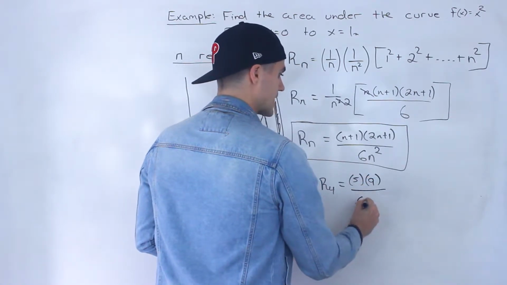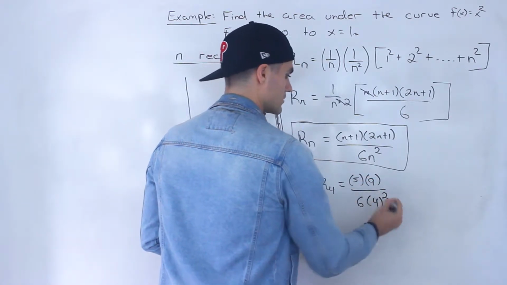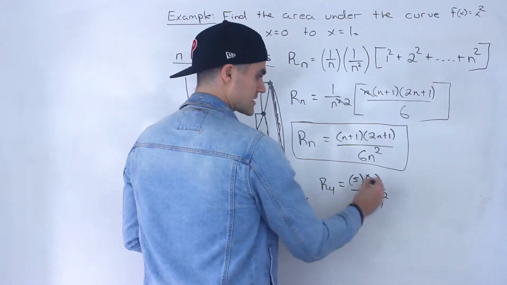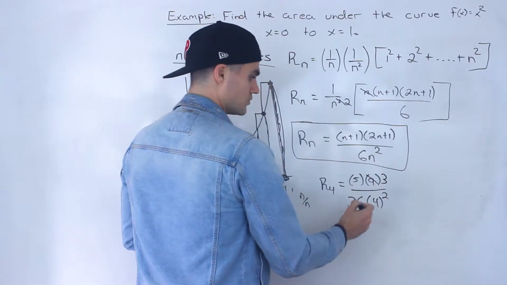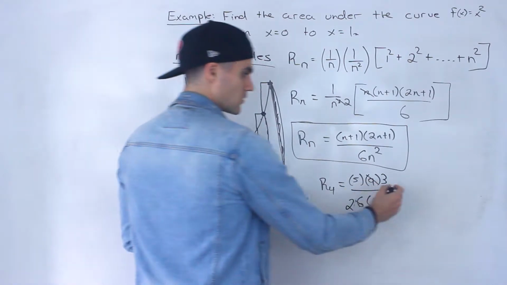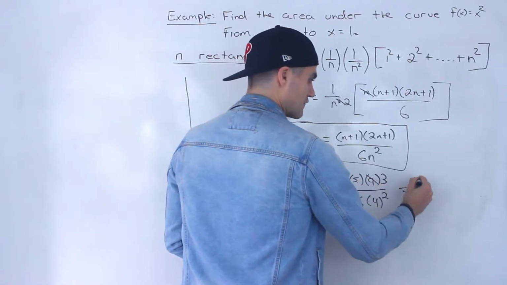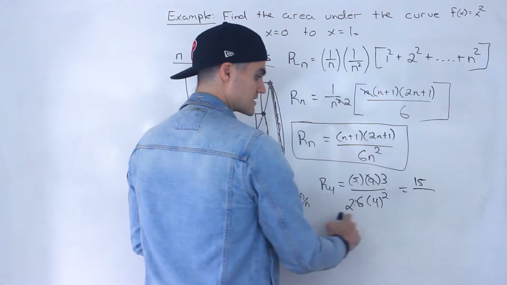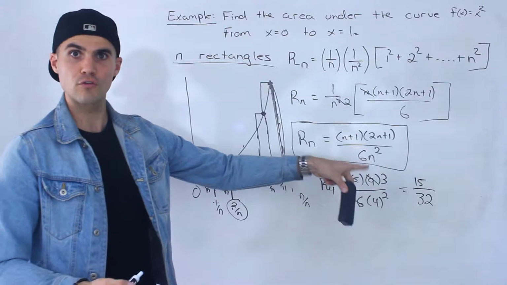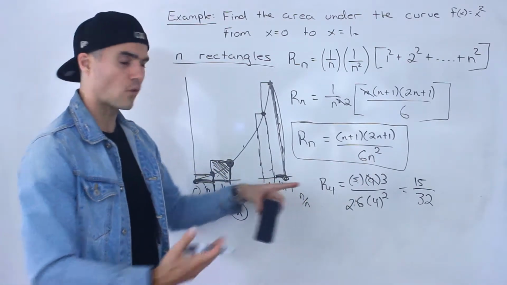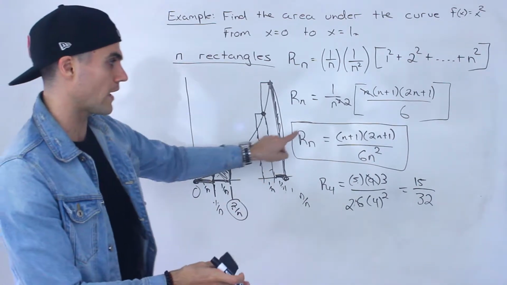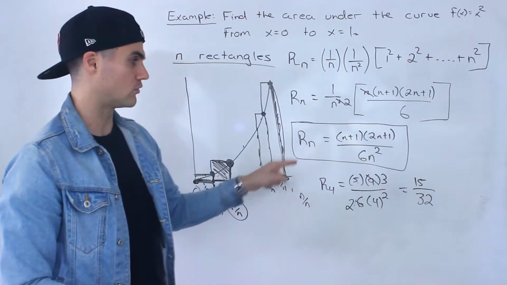And then we'd have 6 times 4 to the power of 2. And then notice that the 9 over 6 would simplify to 3 over 2. Sorry, I put a 3 there. Right? And so what would this be? 5 times 3, 15. 4 to the power 2, 16 times 2, 32. And if you remember, 15 over 32 is what we got for R4 when we did it manually. But notice now we can just get it right away because we have that general formula.